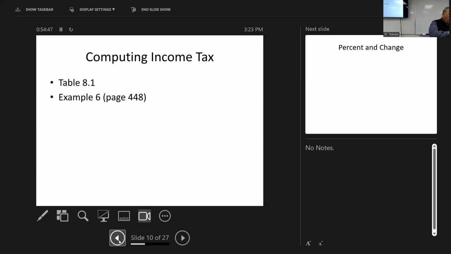She has 42,000, so they go up to 8,000 at 10%, up to 32,000 at 15%, and from 32 to 42,000 at 25%. They do all the computation, and they also subtract the standard deduction and the $500 tax credit, and then you get the income tax owed. Right?